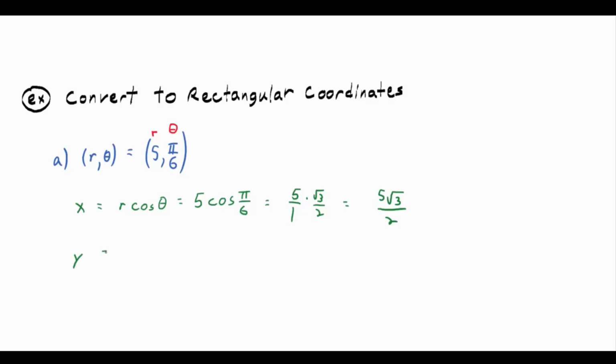What would y equal? R sine theta, which in this case is 5 sine of pi over 6. So that's 5 times a half, just 5 halves. So your ordered pair is 5 root 3 over 2, comma 5 halves.